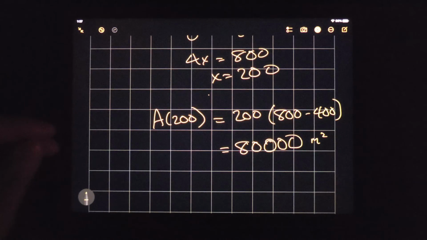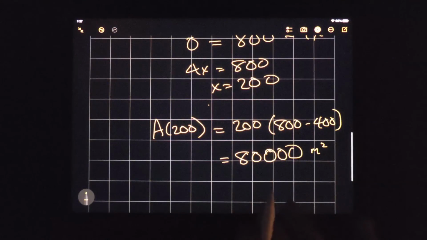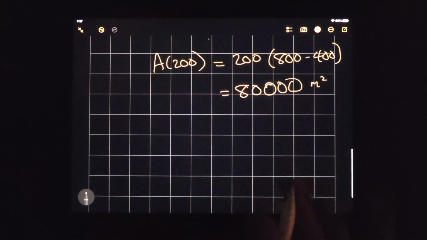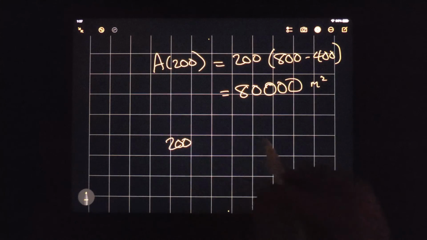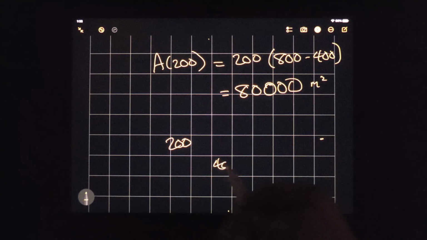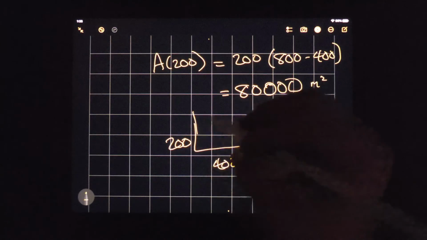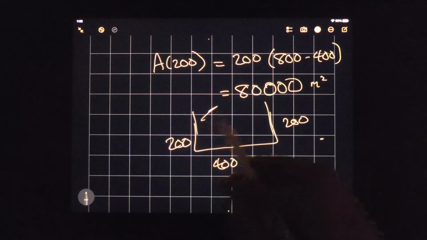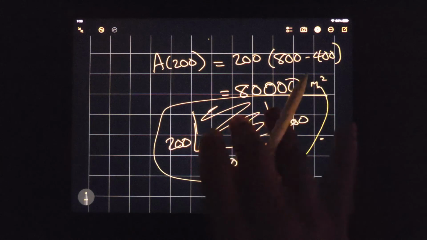And there you have it. So x will be 200, and then here you'd have 400. That will give you the maximum possible area, the dimensions.